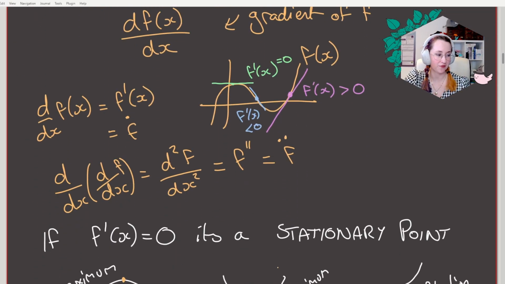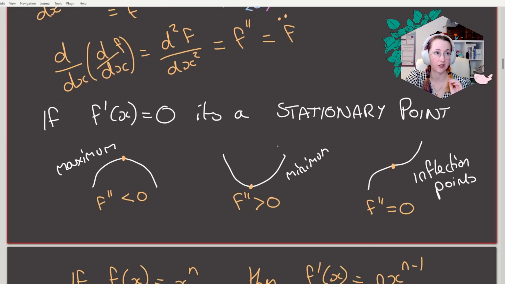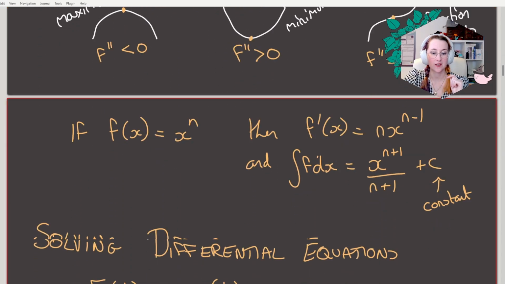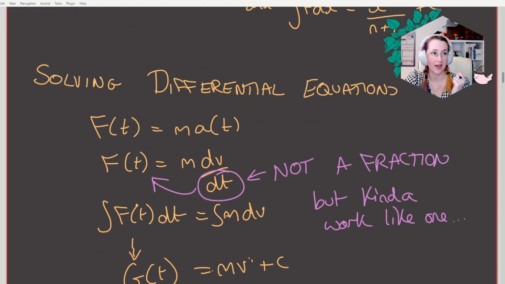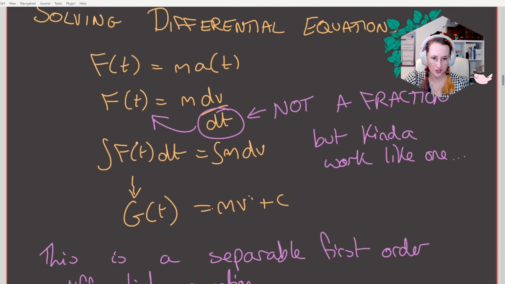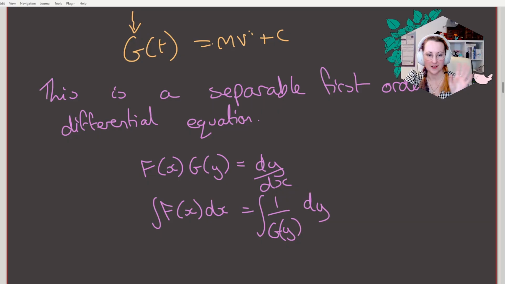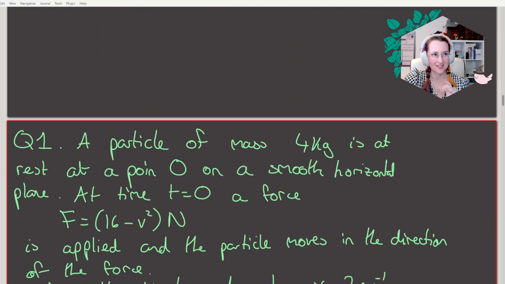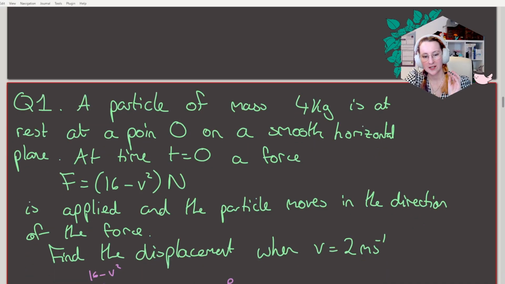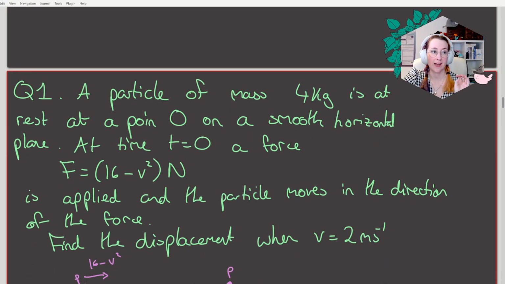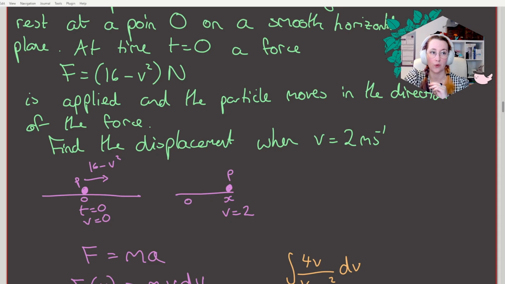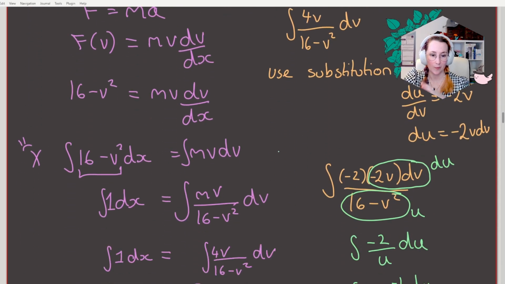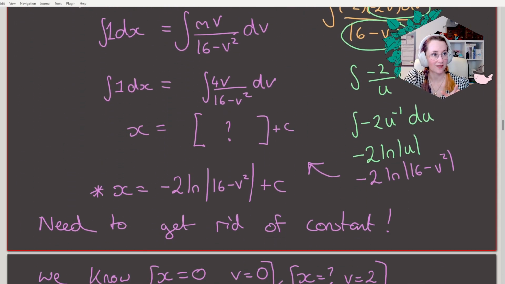We had a very brief introduction to differentiation, looking again at first order, second order, maximum points, and we looked at solving separable first order differential equations. And I did some bad maths and said it was a fraction, but it's not a fraction. It's an approximation of a fraction. Then we did an example of applying a non-constant force on a particle, and solved for the displacement by using some very convoluted calculus.